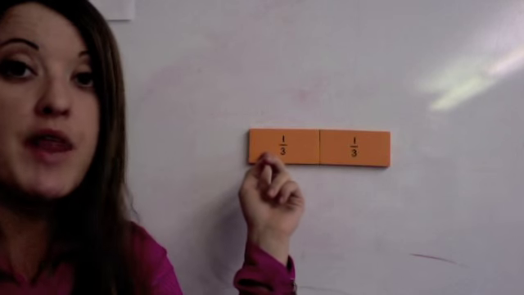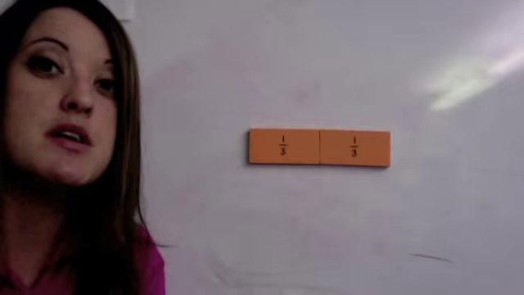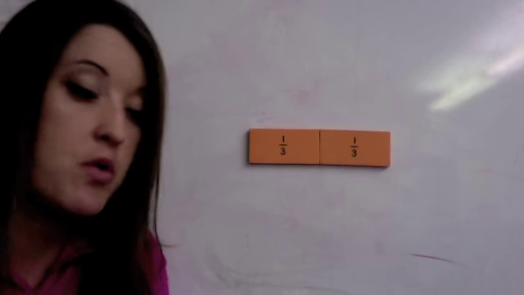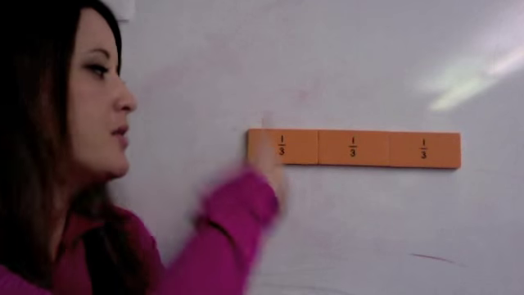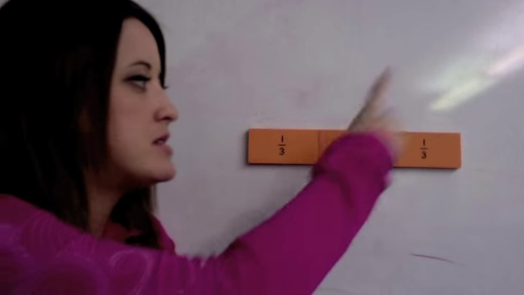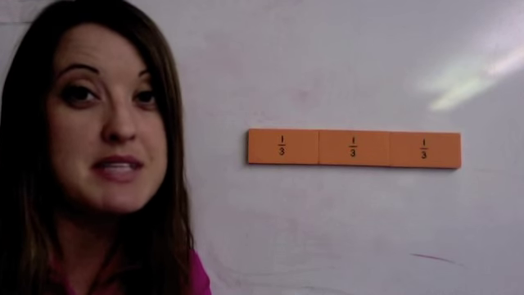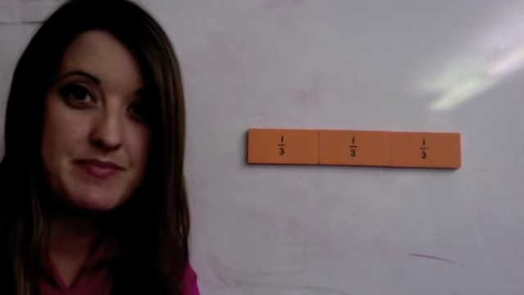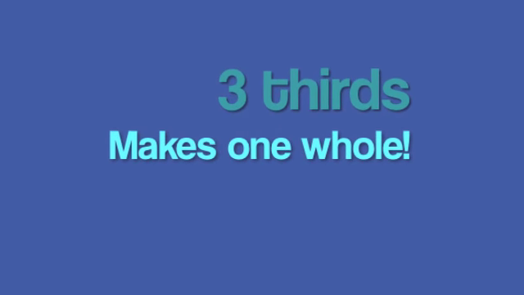So I have 1/3, 2/3, I need 1 more third. So watch as I complete my whole. 1/3, 2/3, 3/3. If I have 3/3, that means I have 1 whole. 3/3 makes 1 whole.